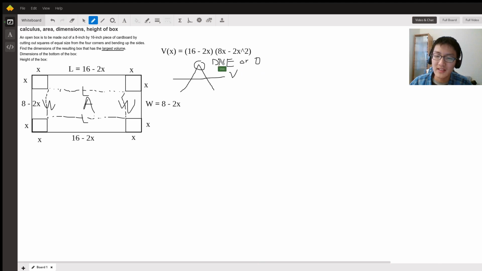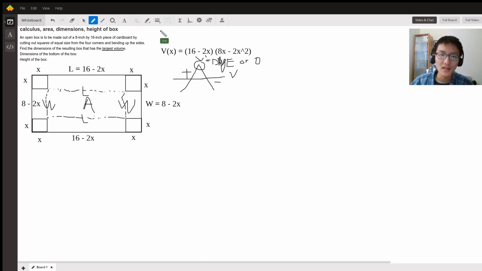Oh, and this is not dive, it's just d and e. And this is when the derivative does not exist or when it equals 0. Then, when before that point the derivative is positive and after that the derivative is negative, you have a maximum there. Okay.